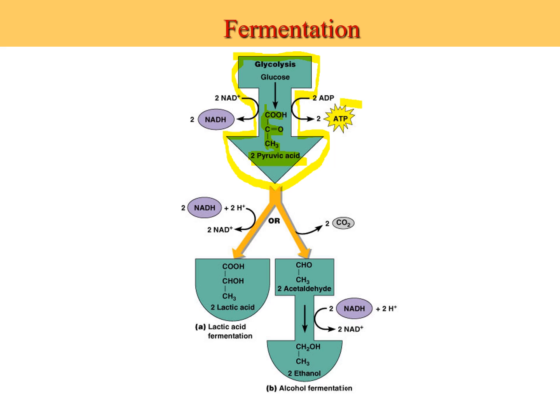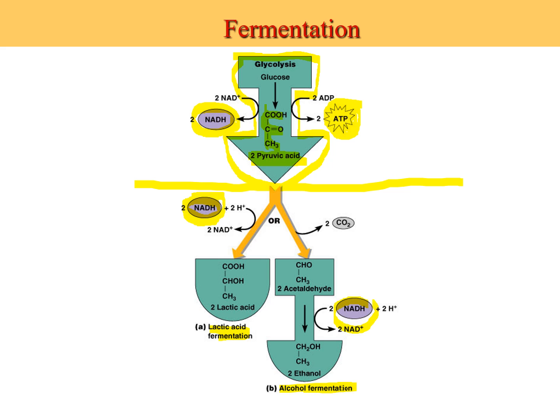In fermentation, 2 ATP molecules are produced, and initially, as you saw before, 2 NADHs are produced. However, the NADH is used up in the second half of fermentation, either lactic acid fermentation or alcohol fermentation.